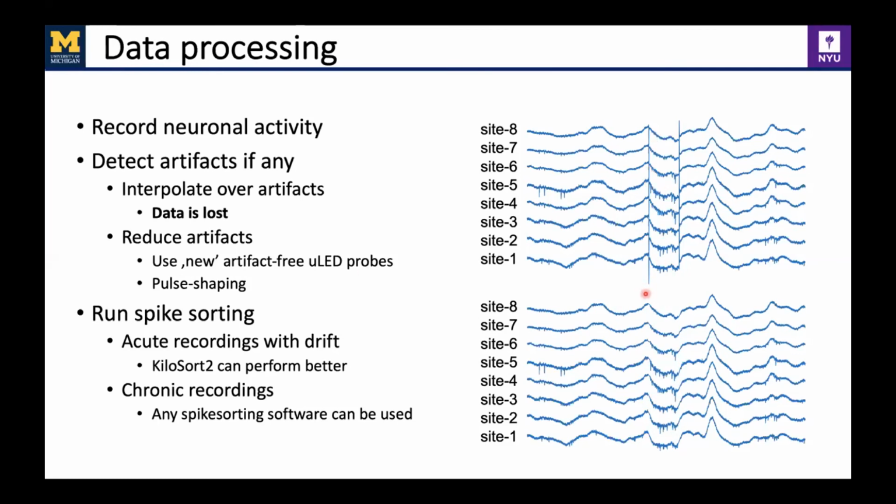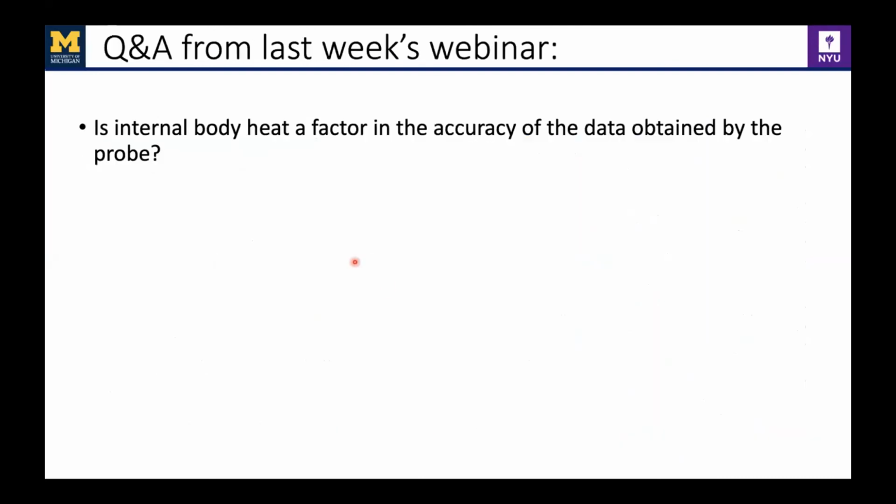So instead of a square pulse, you could use a trapezoidal stimulation pattern, a Gaussian pulse, or just a sine wave. Once you have a clean artifact-free signal, you can run your spike sorting algorithms, and Kilosort 2 can perform better with acute recordings and particularly with drifts. But again, any spike sorting software can be used.